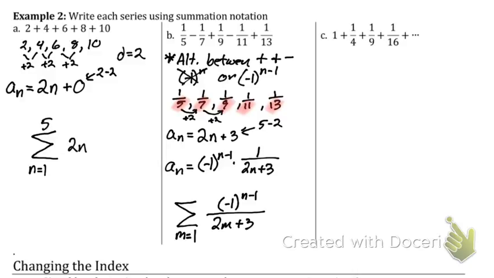So we're going to go from m equals 1 until we get to m equals 5. And that is our formula. It's 2m plus 3 at the bottom, because I have to replace, that should be an m actually. They should all be m's, because if I pick m here, the rest of them have to be m's as well.